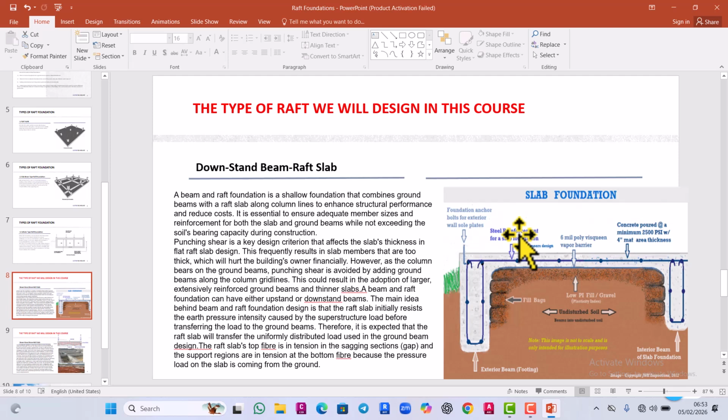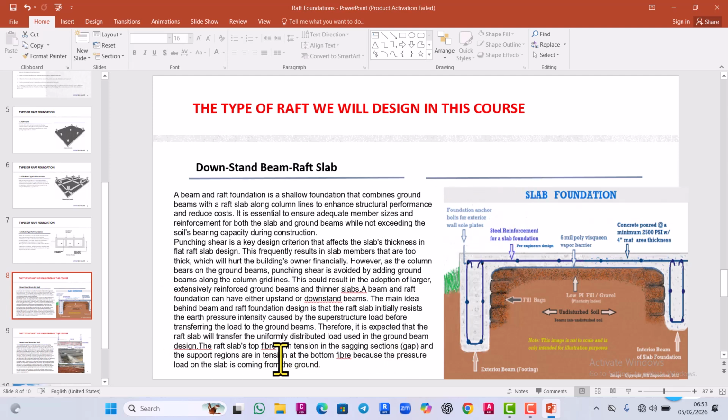In order to eliminate the punching shear and reduce the thickness of the slab, you introduce a beam along the column lines. It will eliminate the punching shear and require less thickness of slab. And that is what is said here.